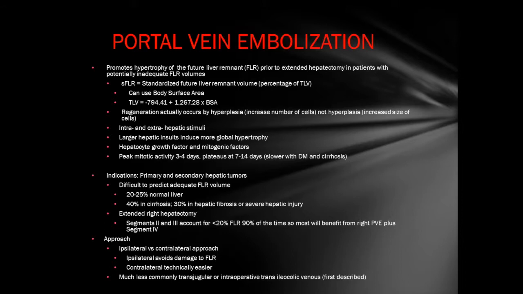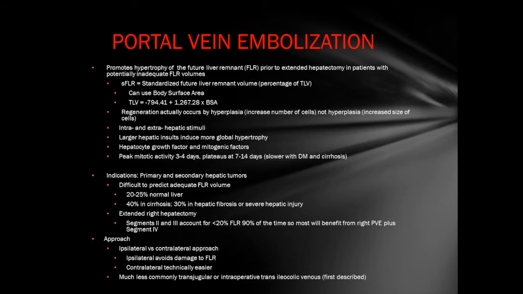This is indicated for both primary and secondary hepatic tumors. Again, a good number to remember is 20 to 25% FLR in patients with normal livers. That should be your target. 40% in cirrhotics and 30% in patients with hepatic fibrosis, or have seen a lot of chemotherapy, or have had severe hepatic injury for other reasons.